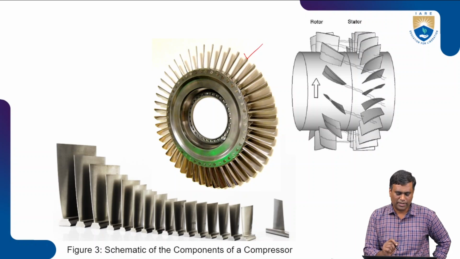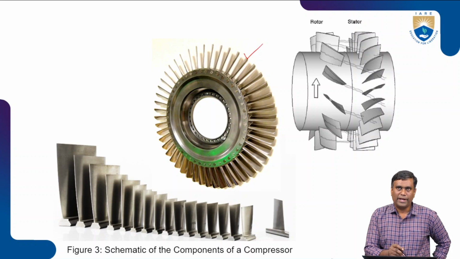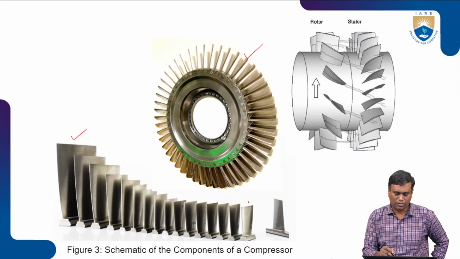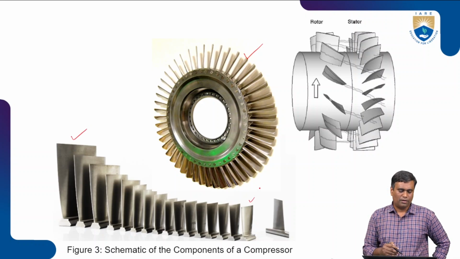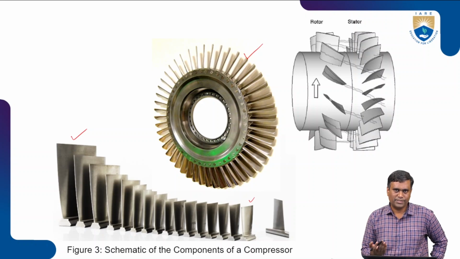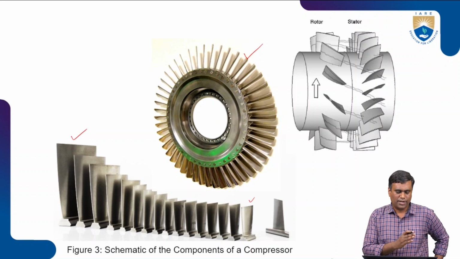This is how rotating blades look like. The arrangement will look like this, and blade size will vary from longer to shorter. Usually longer blades will be in the beginning, which deal with low pressures, and slowly the blade size will decrease.